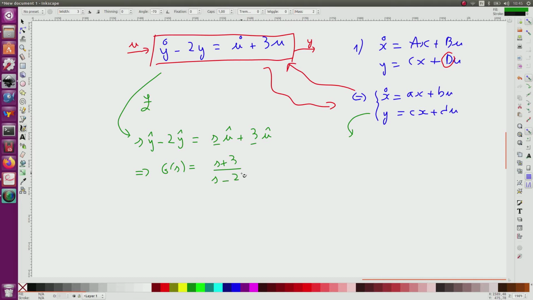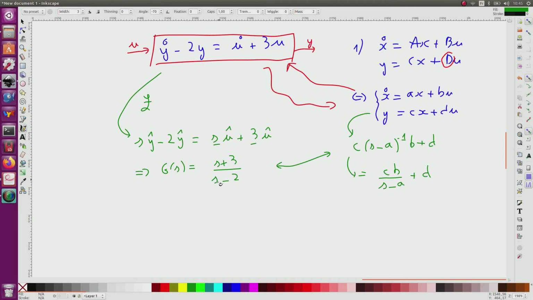The transfer function of the state representation is, recall the formula, c times (sI minus a) inverse times b plus d, which is equal to cb divided by s minus a plus d.